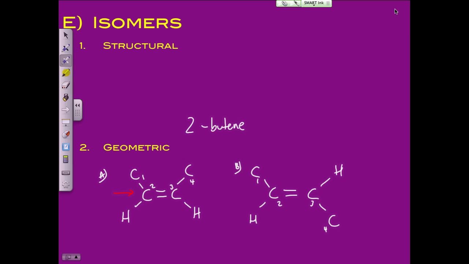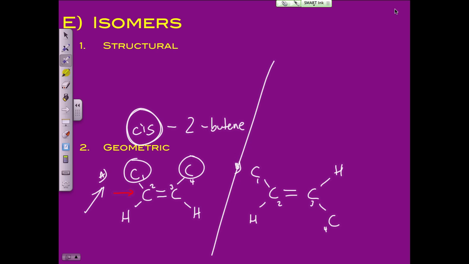Yeah, absolutely. So this formation on the left here, with them both being up, would be considered the cis formation. Cis, C-I-S, okay? This one on the right is also a 2-butene, but it's called the trans formation.